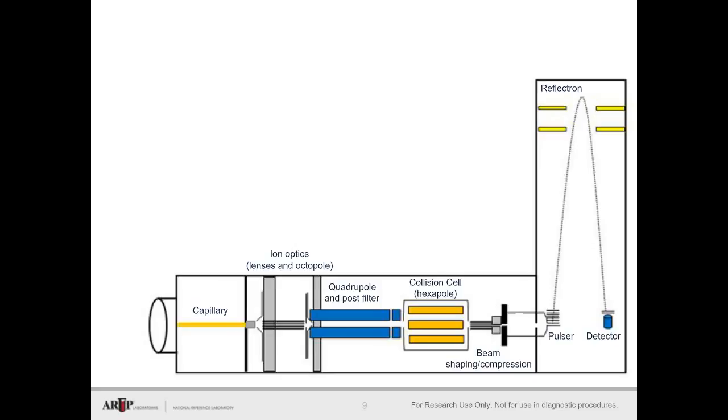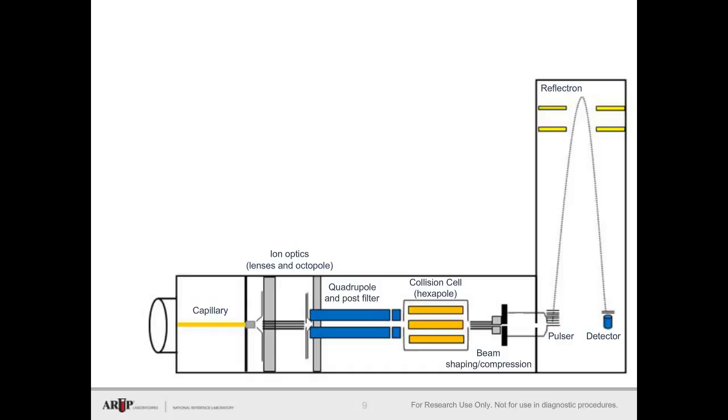Ions are fragmented, and the beam of fragments, or intact ions, if you are using a TOF instrument or running the QTOF in TOF mode, are further compressed and shaped before passing into the flight tube portion of the instrument. The pulsar assembly is a stack of plates with a hole in the middle. The bottom plate, called the pusher, sends ions up through the plates and toward the top of the flight tube with an electrical pulse. The reflectron, or ion mirror, sends the ions back down toward the detector.